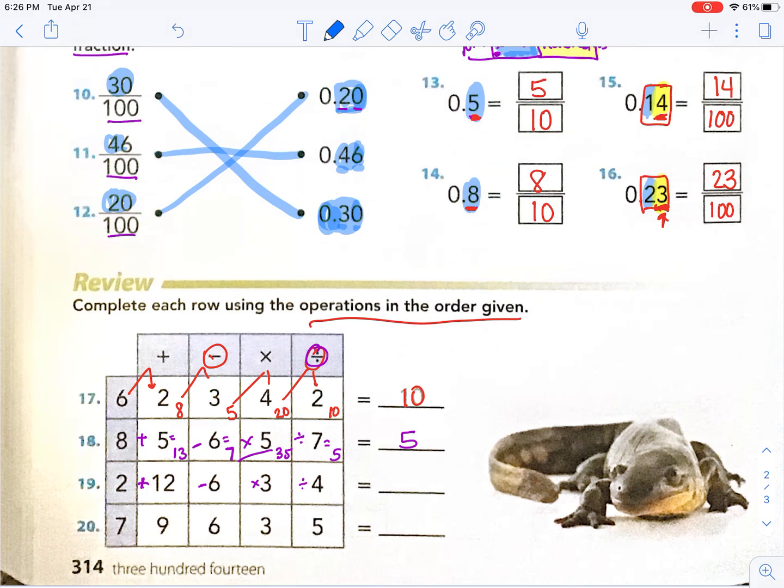Okay, if you're back, you have an answer on these last two. And you're just doing it with me, just to double check that you got it.